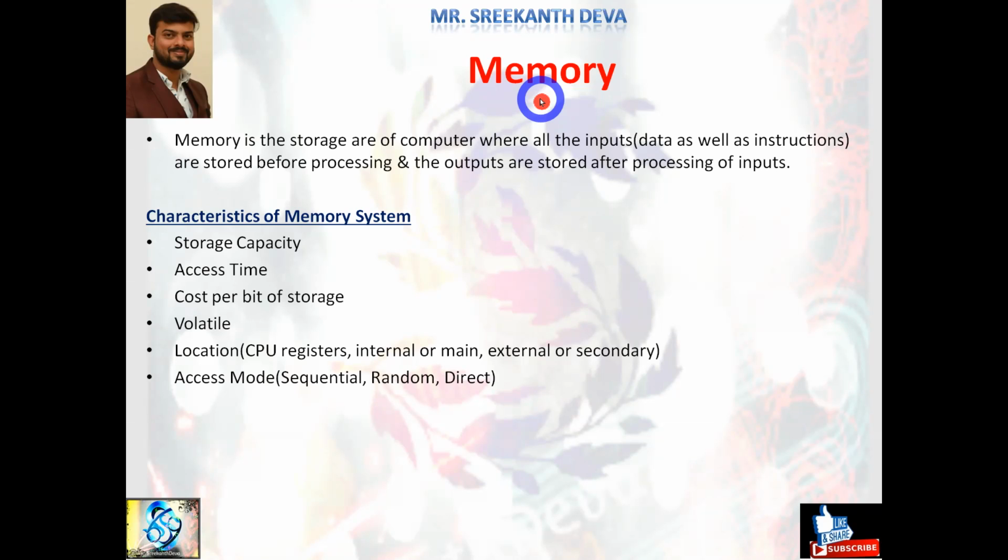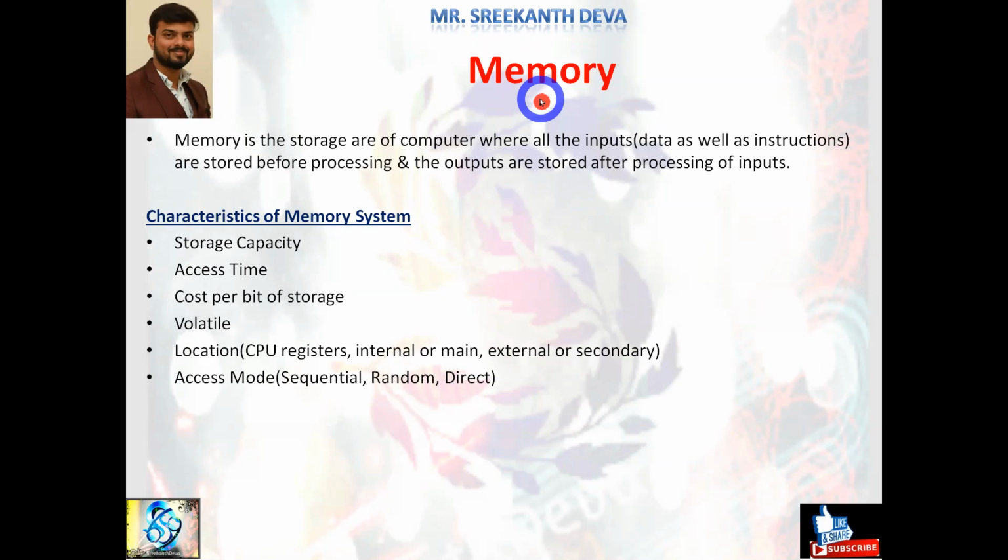Even if you connect all the inputs at a time, the CPU processes them one by one, so until then they should be placed somewhere. All these inputs are queued up in the memory. The same is the case with the output produced by the CPU. If the output device is busy producing an output, the other outputs are queued up in the memory.